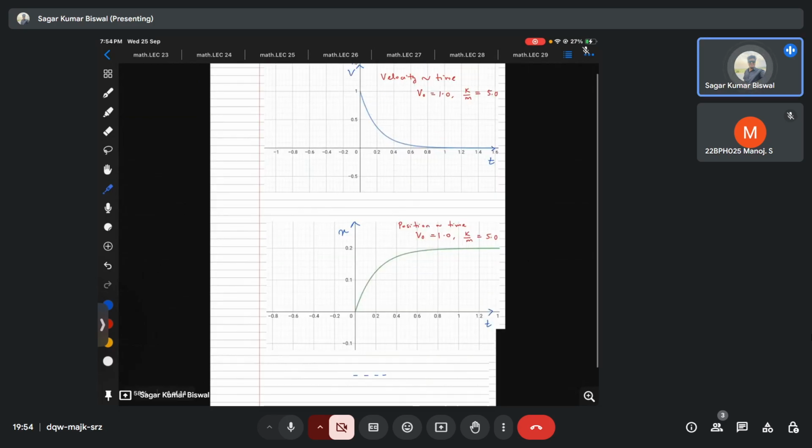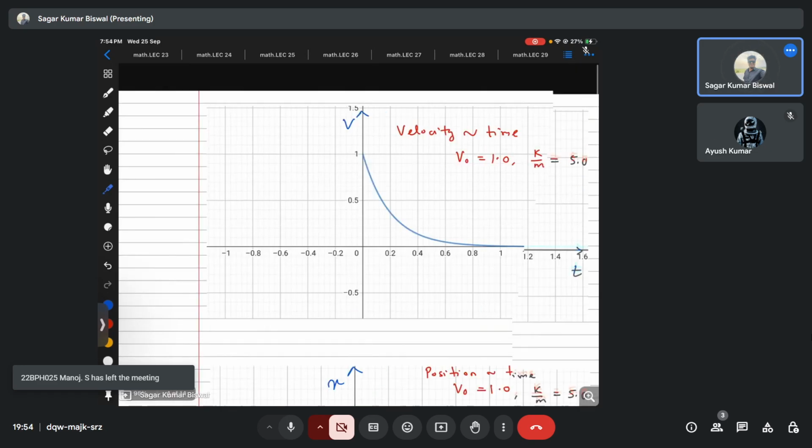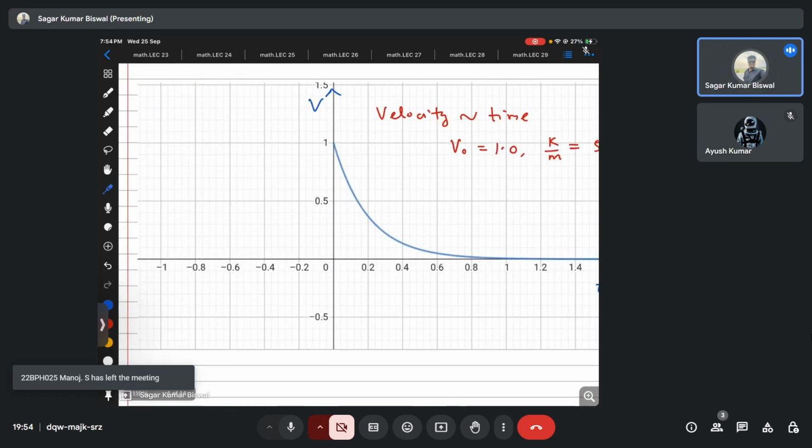And so these are the plots. This is the plot for velocity. That velocity is just decaying with respect to time. So how was velocity? Velocity v is v0, where v0 is the initial velocity, times e to the power minus kt by m.